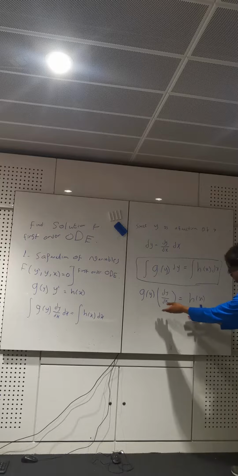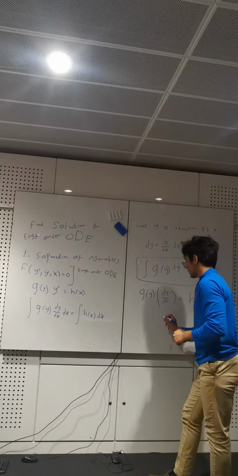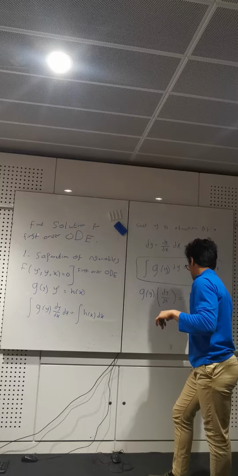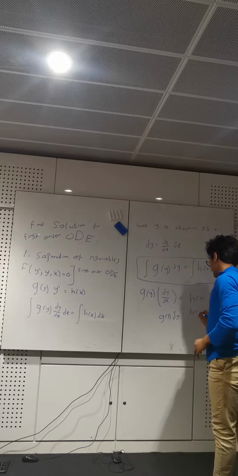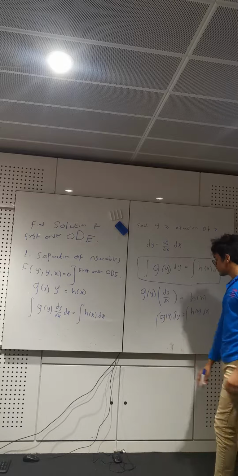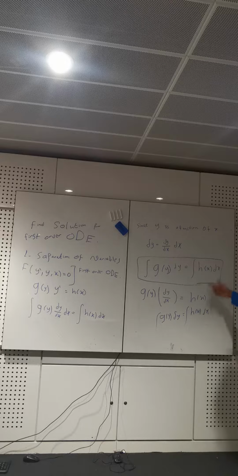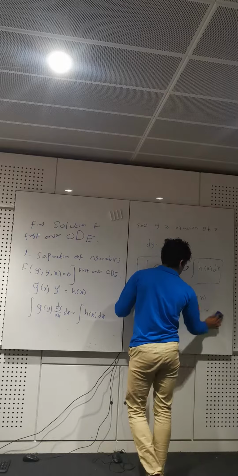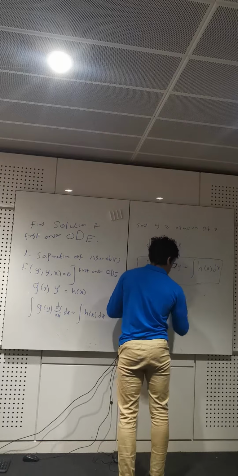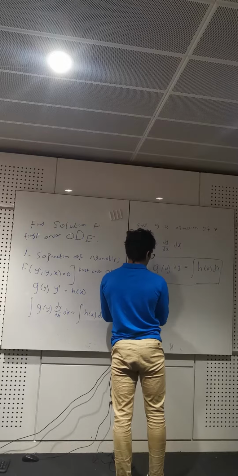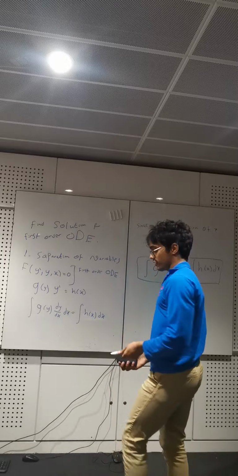Then we multiply both sides by dx, so dy is equal to h of x dx, and then integrate both sides. You end up with the same equation as above. So this is the overall template for this thing.